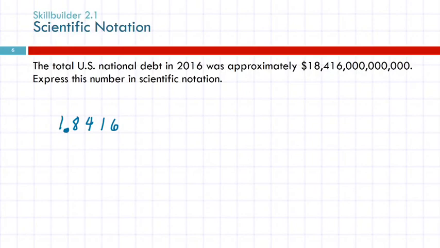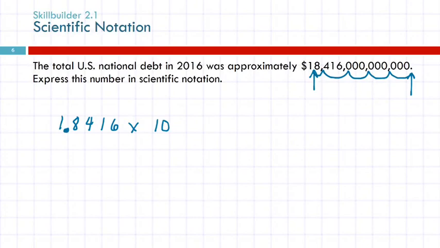1.8416. Okay? And times 10 raised to a power. So now I'm going to see, well, the decimal point was originally right here, and now it's over here. How many places did I have to move it? So 3, 6, 9, 12, 13.